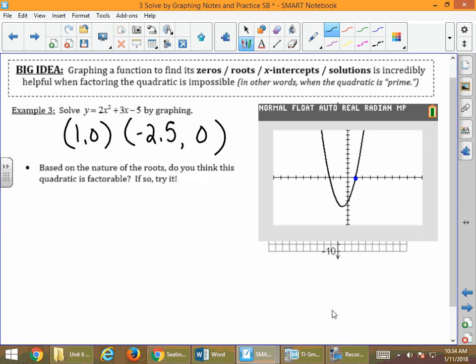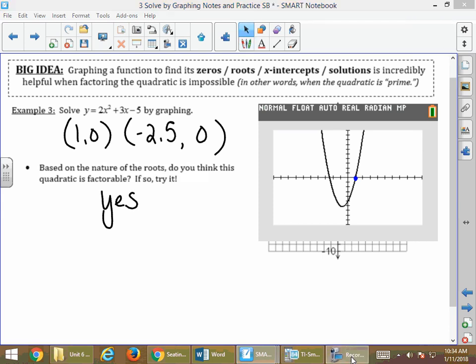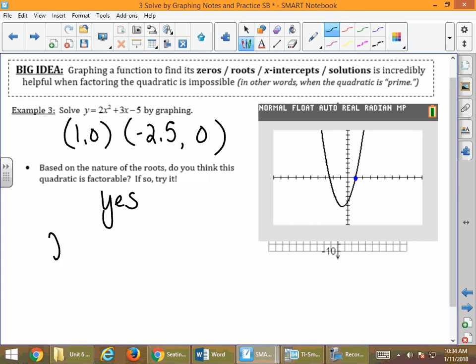Can we factor this problem? We can. I think in the interest of time, I'm going to skip the factoring for right now. If you do want to factor, just to tell you, it factors to be 2x plus 5 and x minus 1 equals 0.